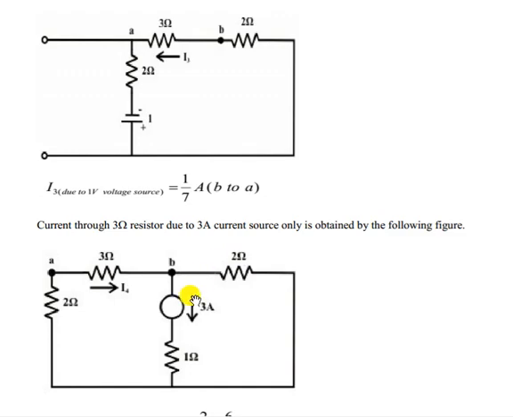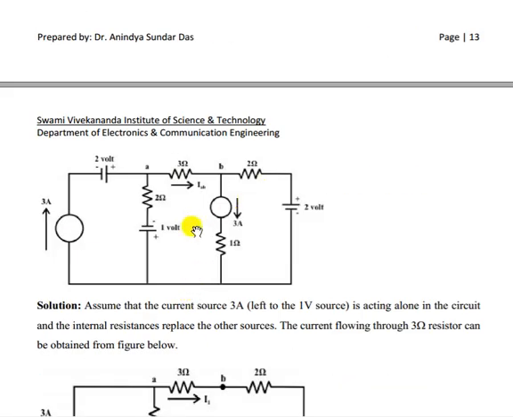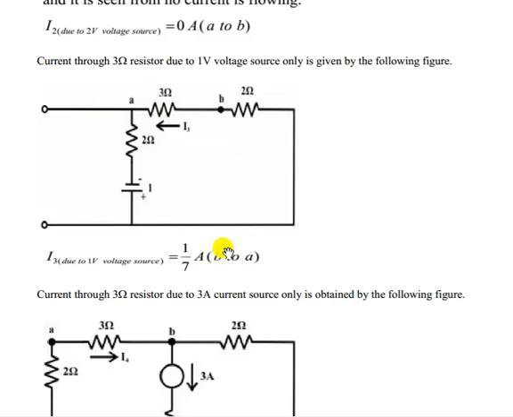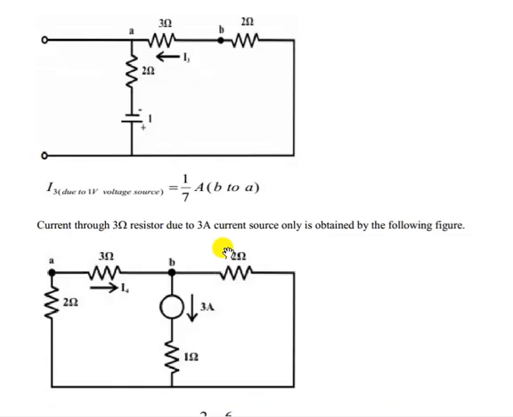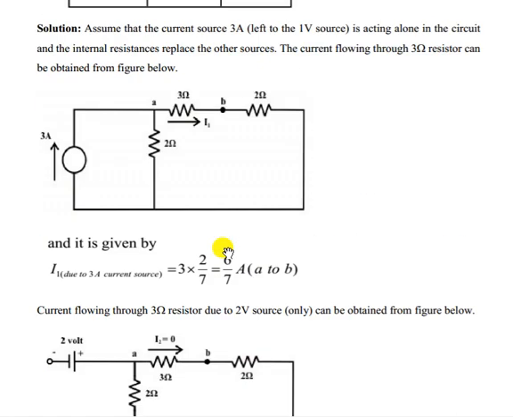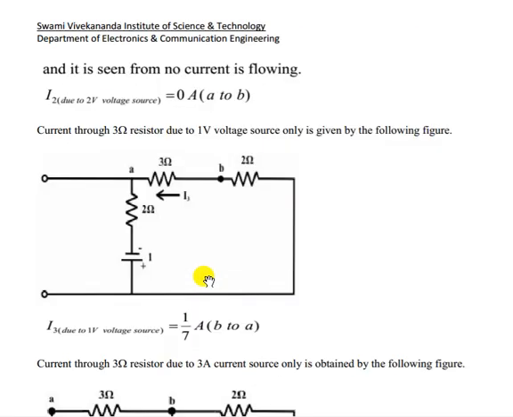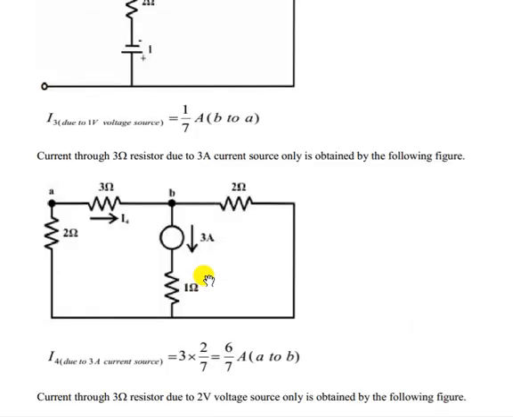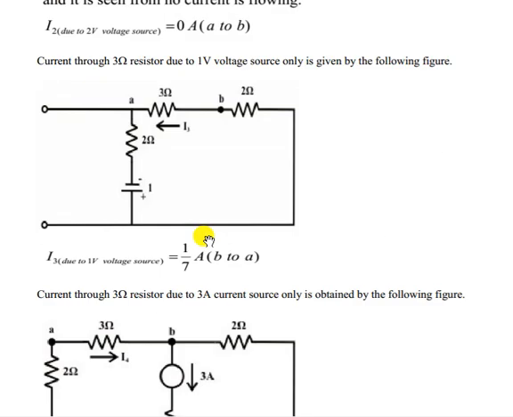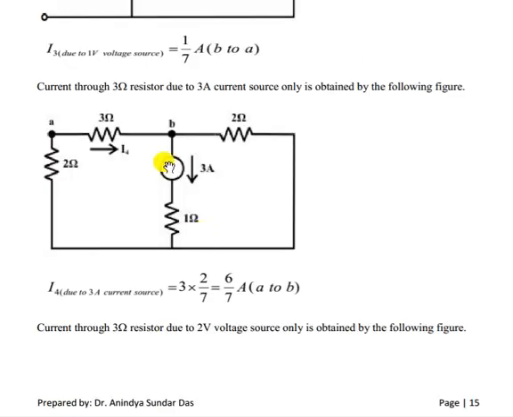Now say the 3 ampere current source acting. So these are shorted and this current source is open circuited. Now A to B is here. So what is the current flowing now? This is in series, so there is no problem.